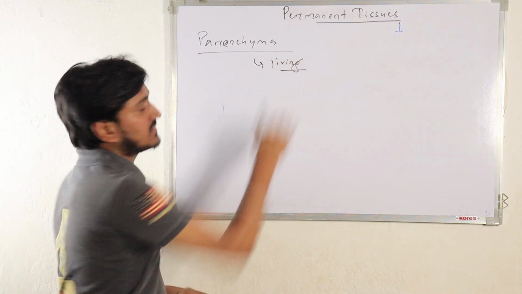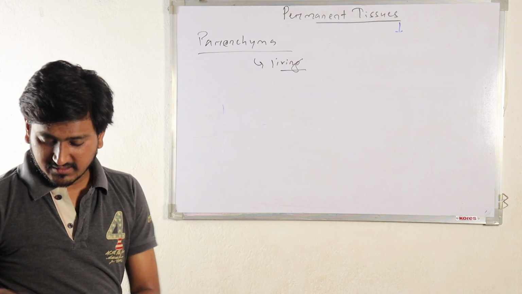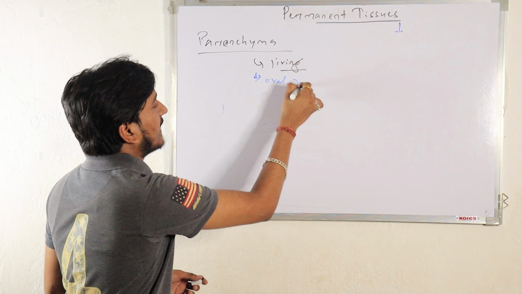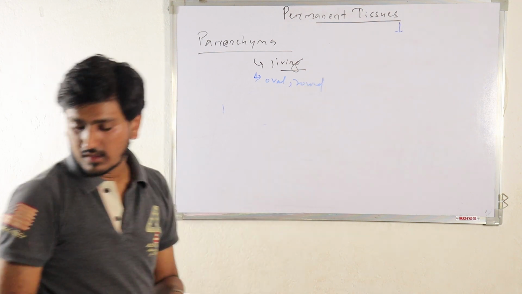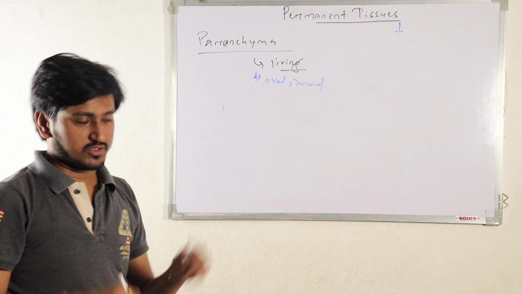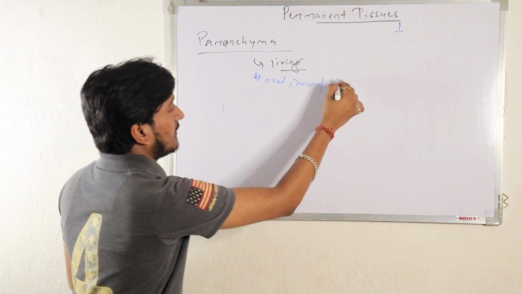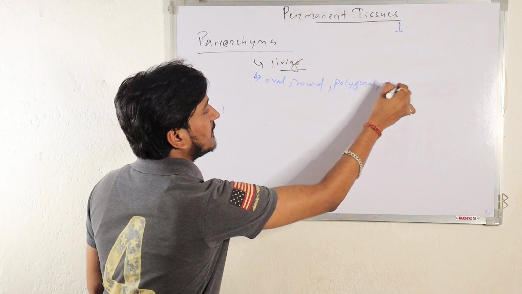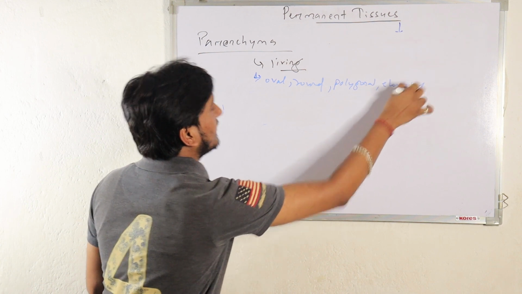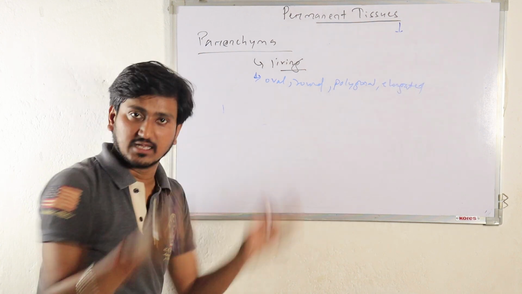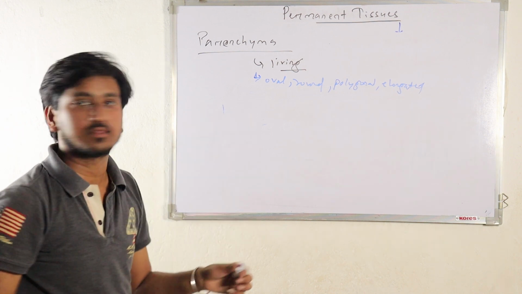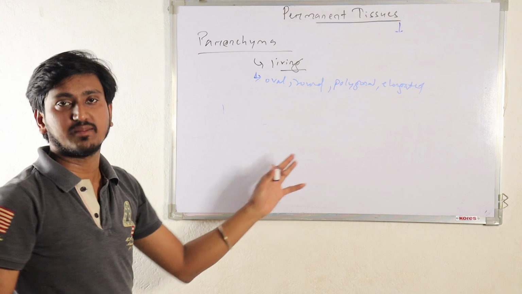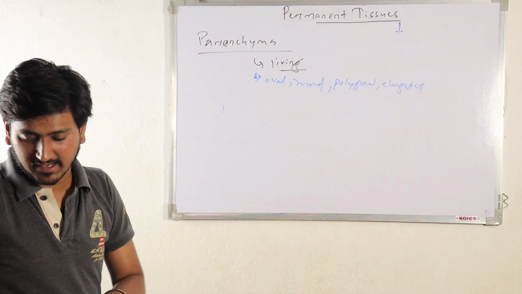It has all living cells within it, and the cells may be oval or round, or they may be different kinds like polygonal or elongated, any shape is possible. But remember, if in one kind of parenchyma the cells are oval, all the cells will be oval because it is homogeneous. If in one kind of parenchyma there are round cells, then all the cells will be round, okay, like that.